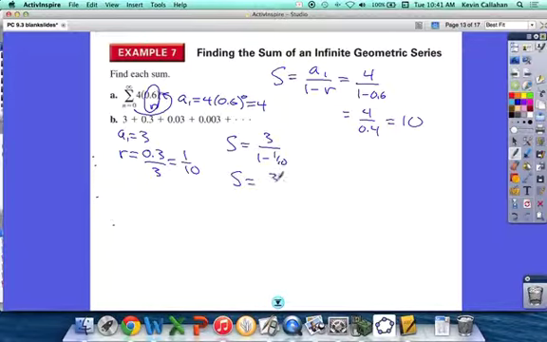S equals 3 over 9/10, which is 3 times 10/9, which is 10/3. Good.